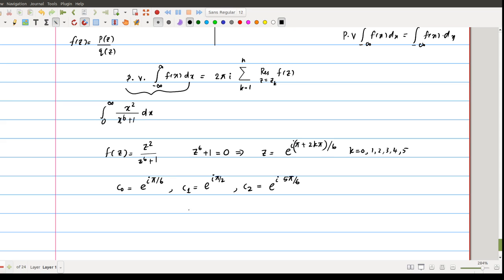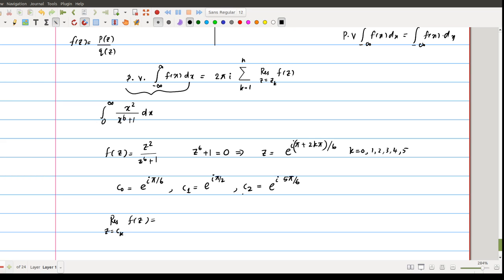First we evaluate the residues at these singularities, that is the residue of this function at z equal to ck, where these are c0, c1, c2. We know that these zeros are zeros of z raised to 6 plus 1, and z raised to 6 plus 1 can be expressed as a product of distinct linear factors.